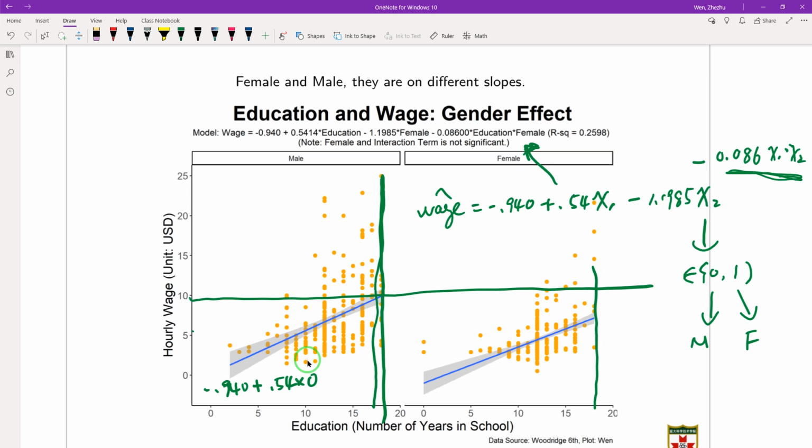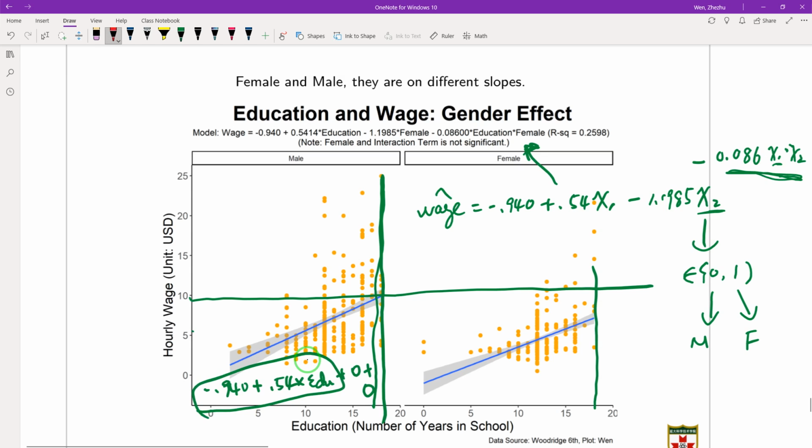The first one is education. I'm sorry, I'm kind of distracted now, maybe because of the last session. But this one here is male, therefore you're reporting 0. This one also contains 0, therefore this is another 0 here. So this is basically the model for males.